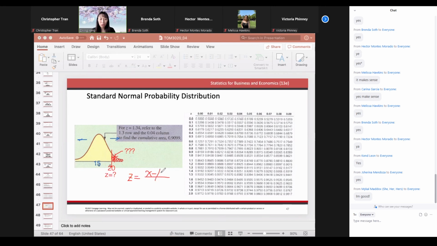X minus mu in units of standard deviations. So X minus mu divided by sigma. We should be able to get our Z scores through this formula. And now the ultimate question is, what are the numbers we plug in? What's X, what's mu, and what's sigma? We only need the 3 numbers to calculate. So who can answer that?